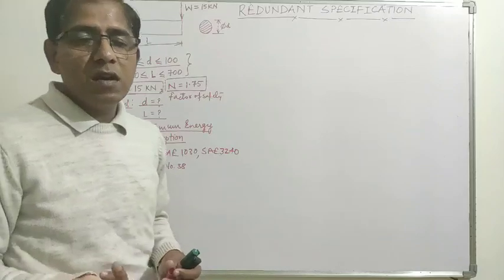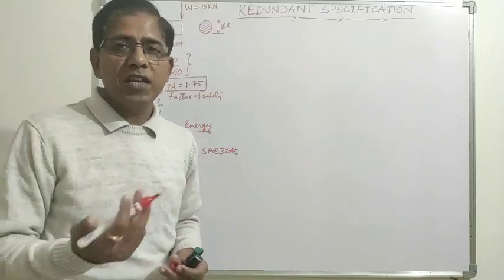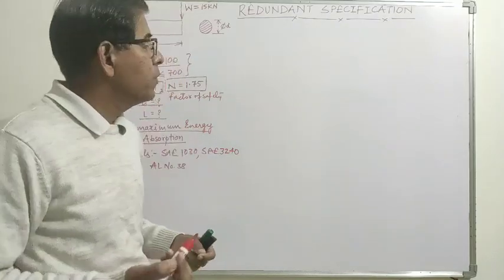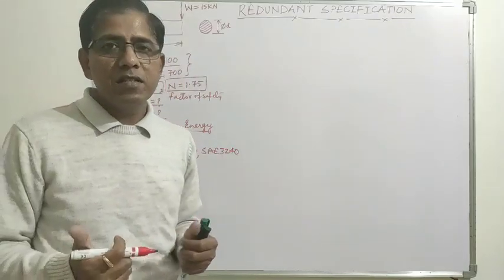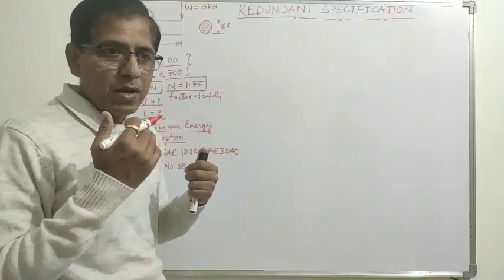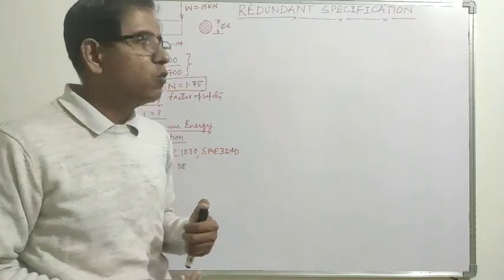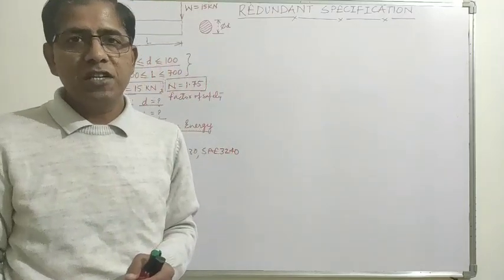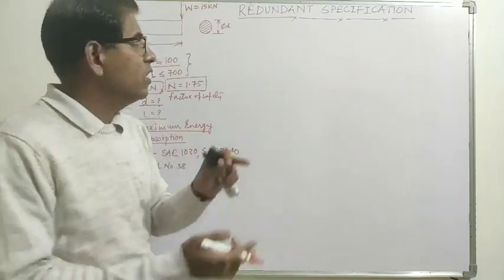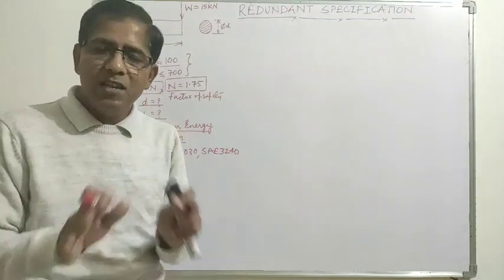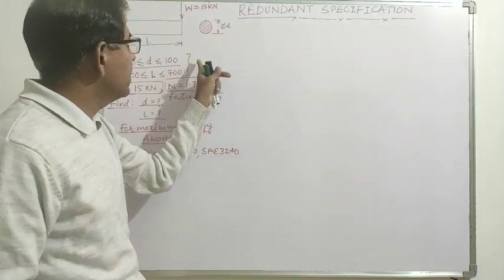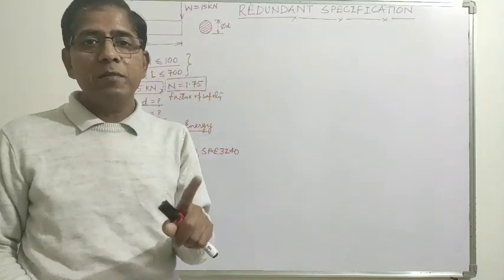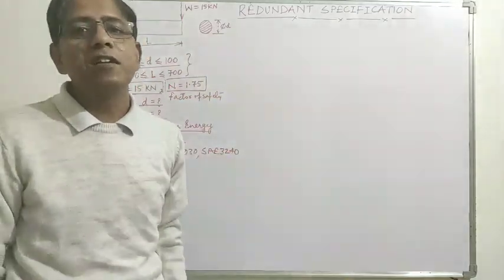There is another way, by checking the number of free variables and the number of SDs, that is one method. But the layman's method is by simply observing the problem, you can categorize it into normal specification and redundant specification problems. In normal specification, no constraint is imposed on any parameter, whereas whenever any one constraint is imposed on any one parameter, it is a redundant specification problem.